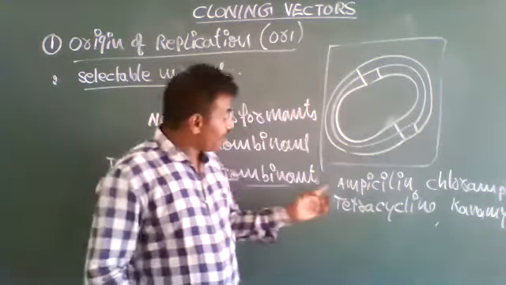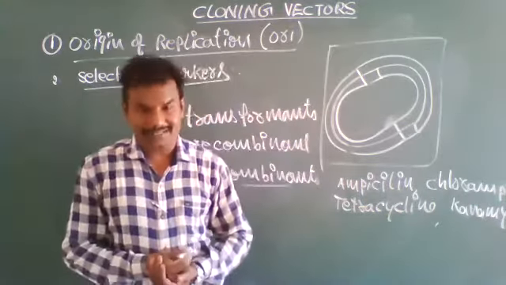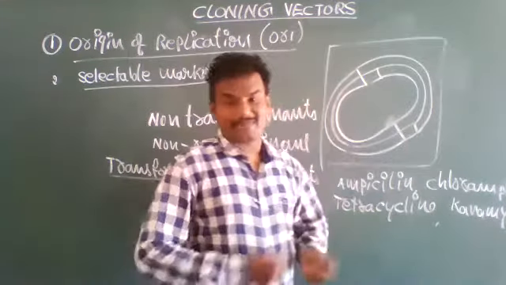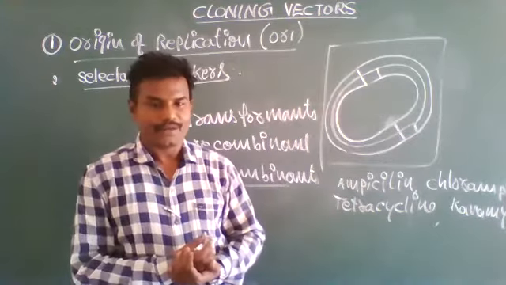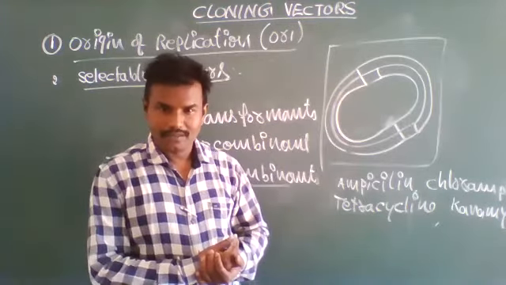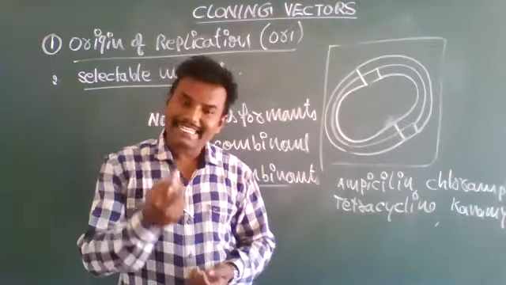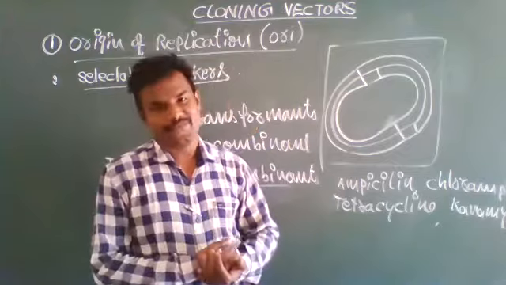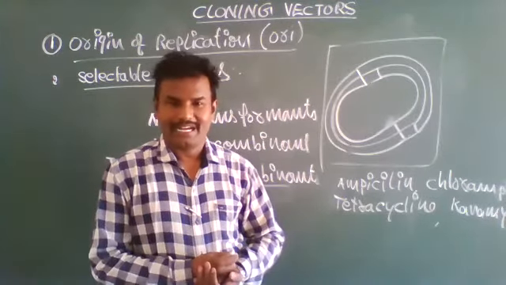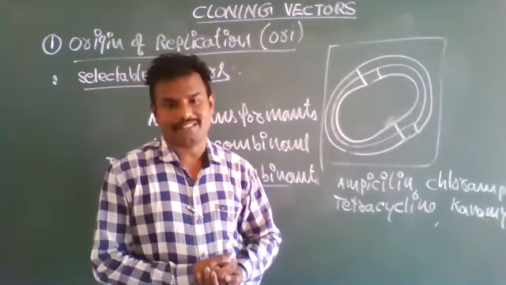Ampicillin and tetracycline, these two are called selectable markers, which are present in the plasmid DNA. These two selectively identify the non-transformants, eliminate them, and permit the growth of the transformants.